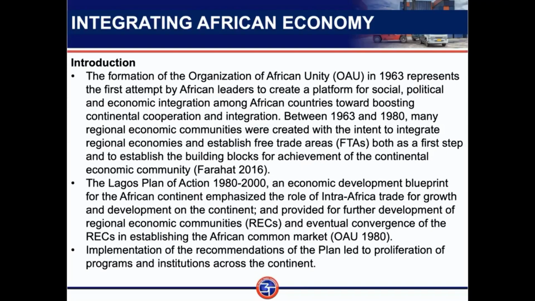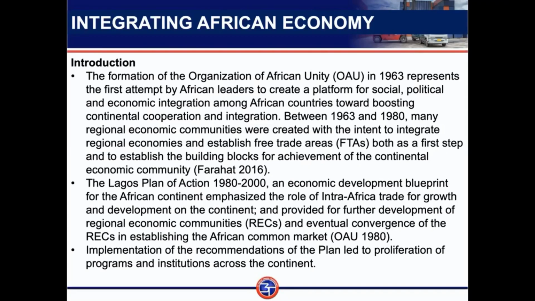We have the COMESA between the East and Southern Africa. We have the Central Africa also. We have the EAC in the Eastern Africa. We also have one in the Northern Africa. All these were preparation ahead of what we have today as AfCFTA.